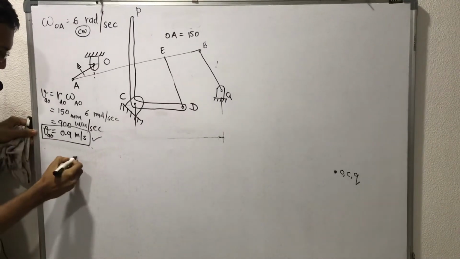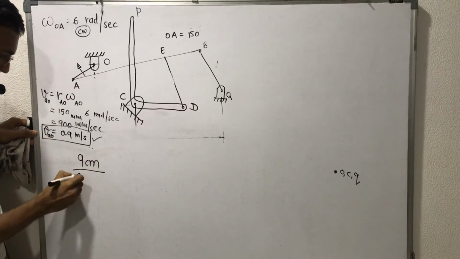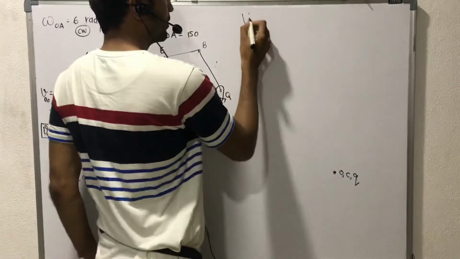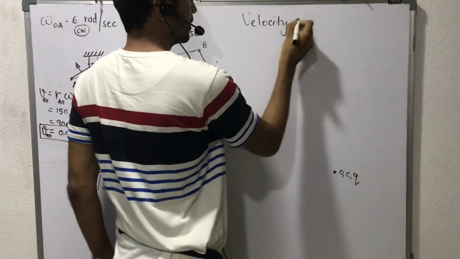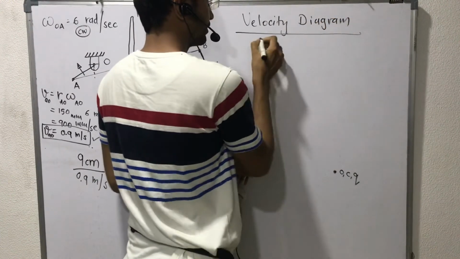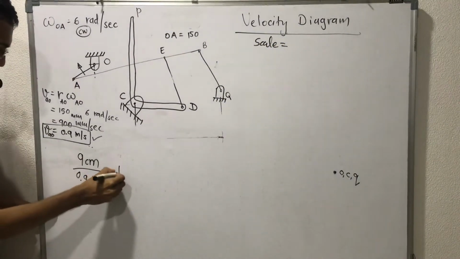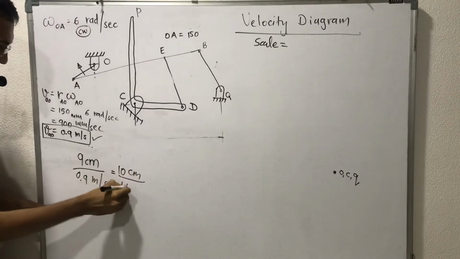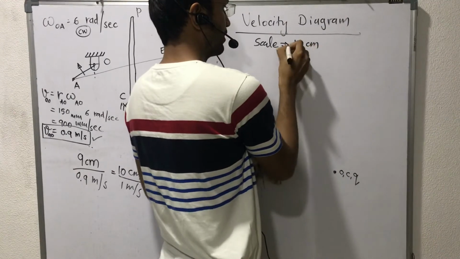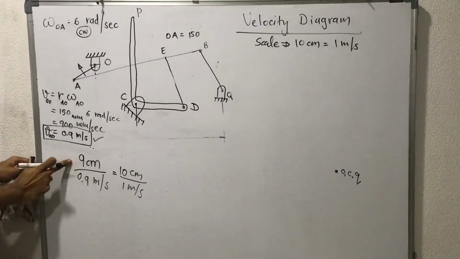Let us say I want to draw with 9 centimeter, and the actual dimension is 0.9 meter per second. So the scale of this velocity diagram will be 10 centimeter divided by 1 meter per second. So it is 10 centimeter equal to 1 meter per second. That will be our scale of velocity.